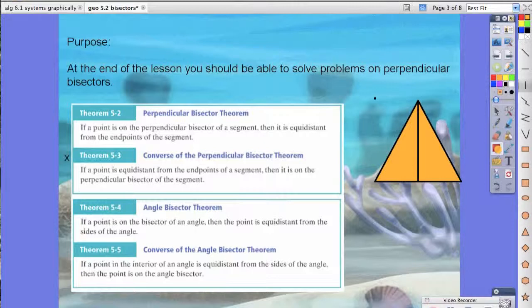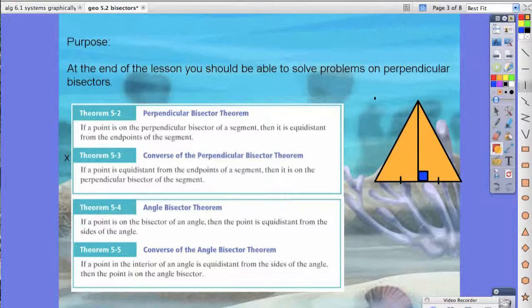So this line is perpendicular to the base. So it's perpendicular to the base, and it bisects it, which means it cuts the line in halves.